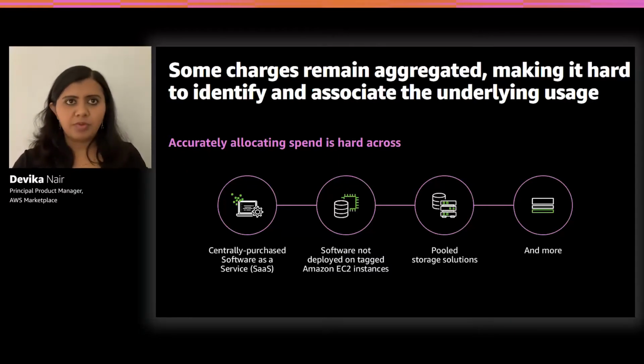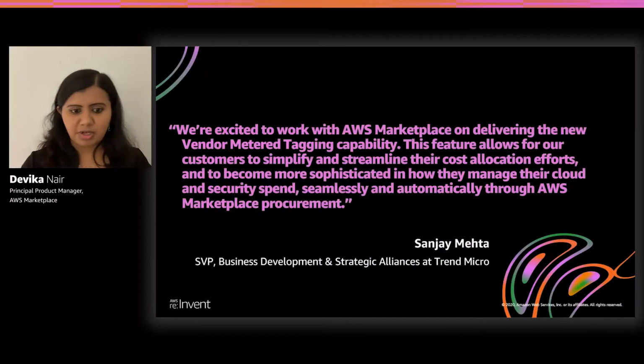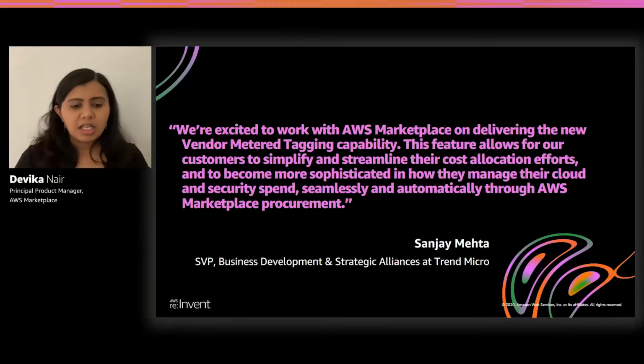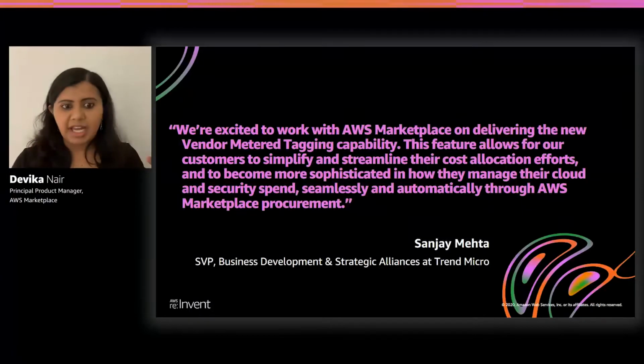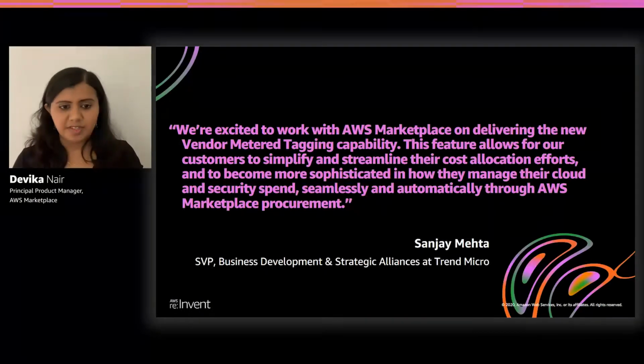What we then worked with them on, and here's a quote from one of our software vendors, is that software vendors have this information in the form of tags, which can help you simplify and streamline your cost allocation efforts.